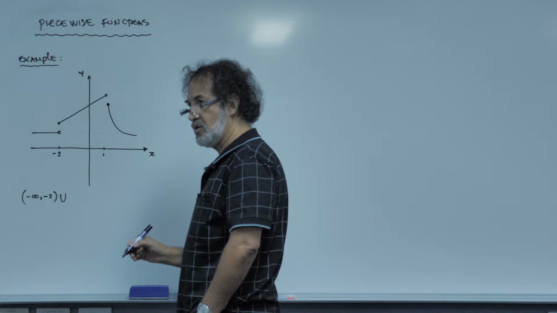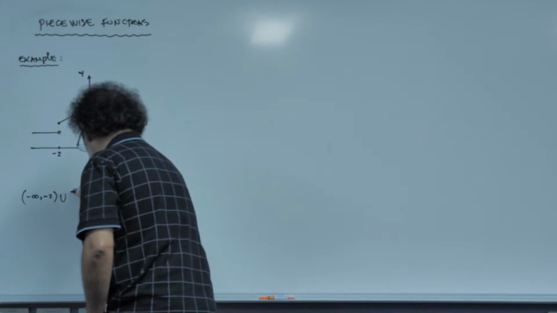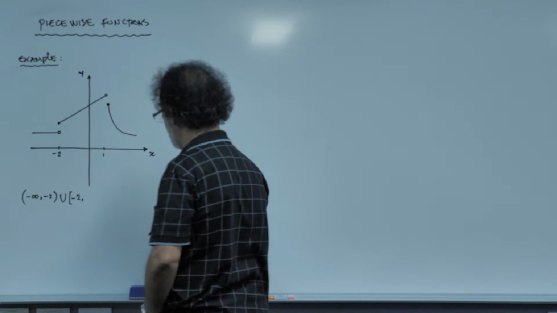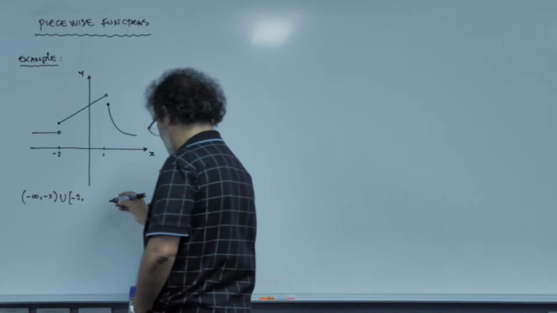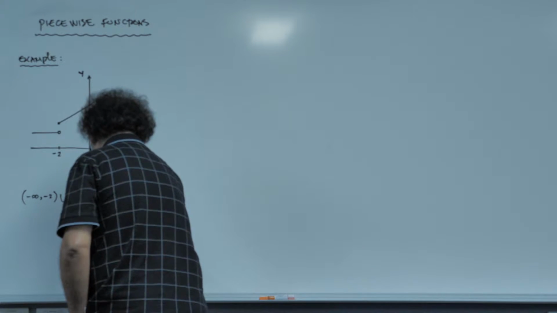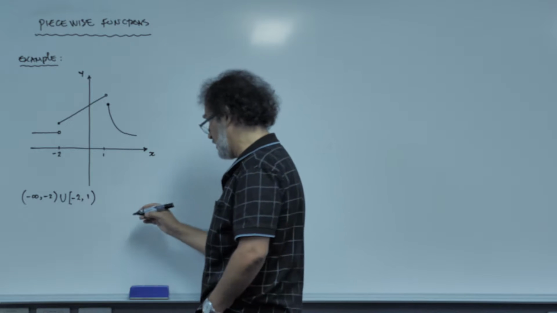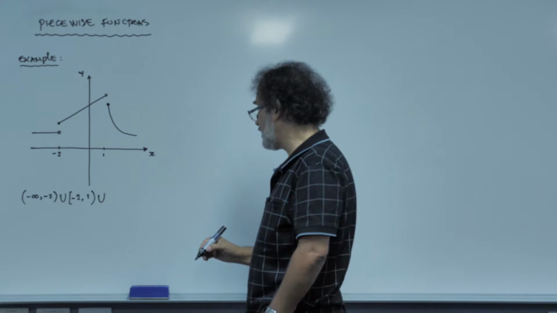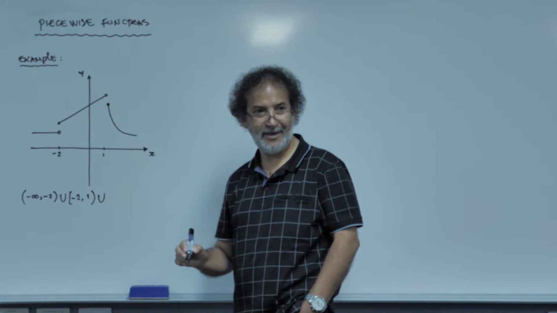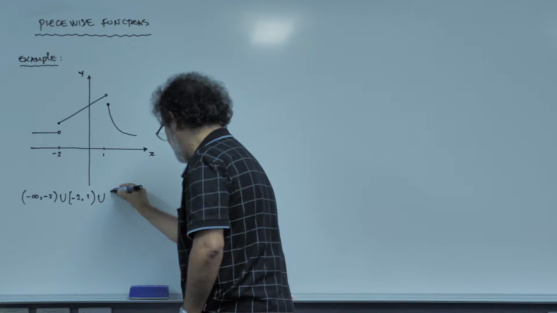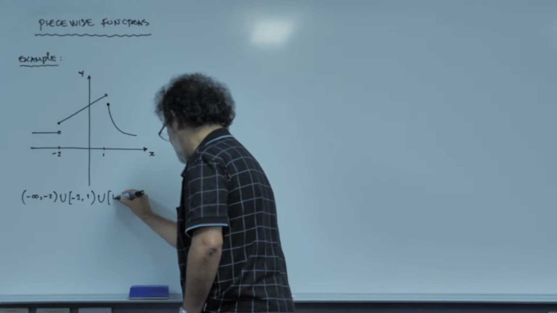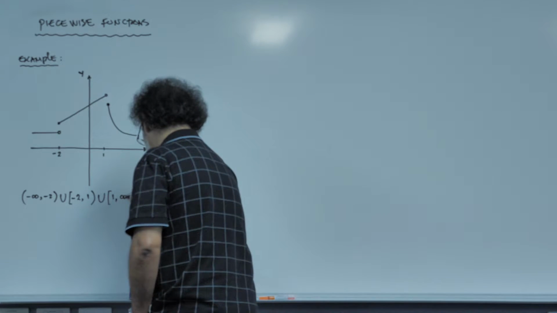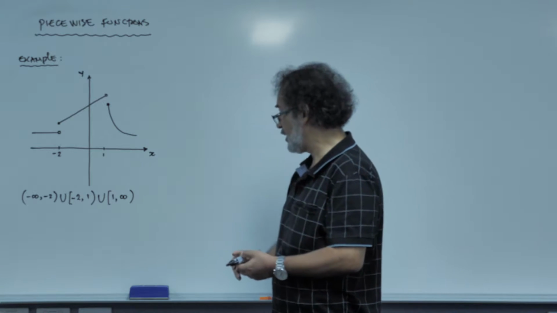And this time we're going to use a square bracket, and we're going to go from -2 to +1, exclusive. Okay, and then we're going to add the other set, and the other set will go, you tell me. It'll go inclusive 1 to infinity. Open bracket, like that, all right?